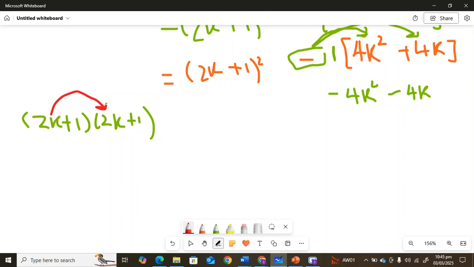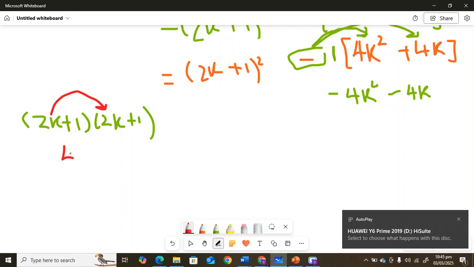2k times 2k, 4k squared. Actually, we don't promote spoon feeding here. Colleagues, 2k times 2k, 4k squared.